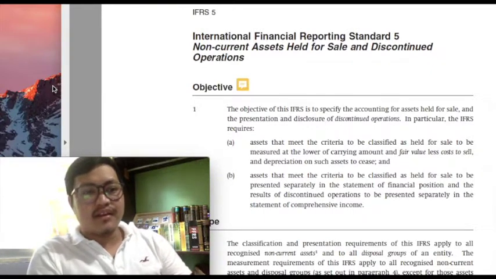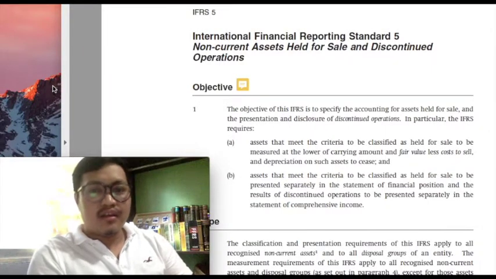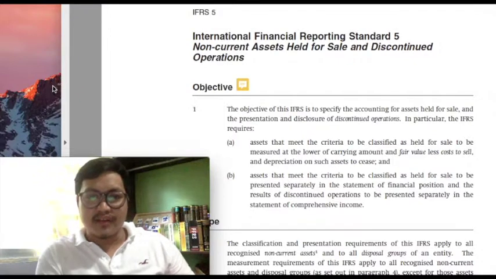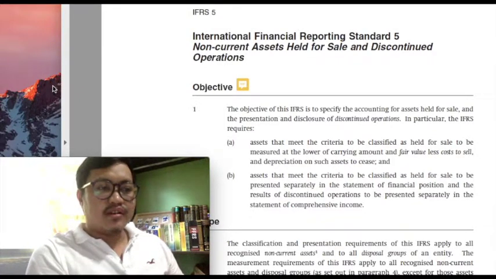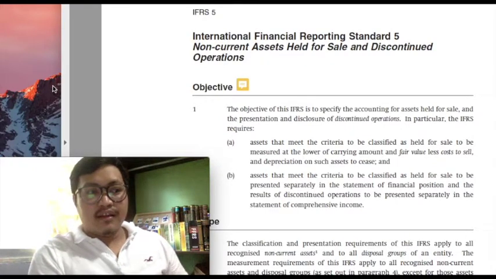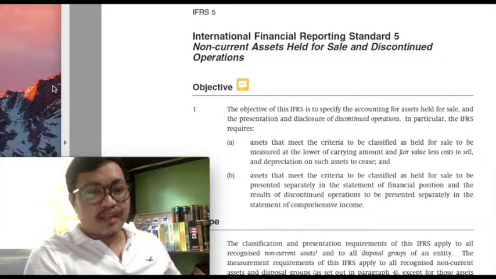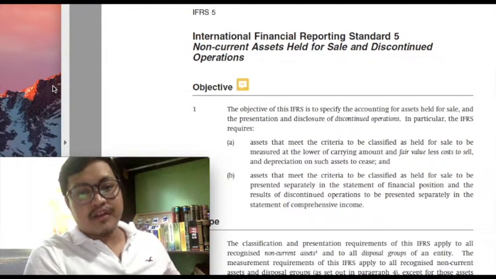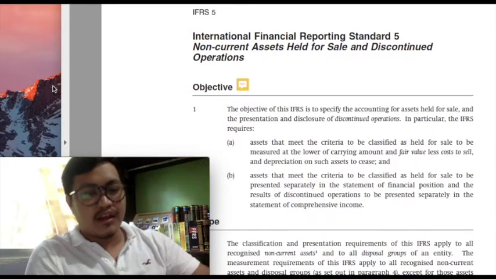They now represent a part of the entity that will eventually be disposed. There is a need to separate the results of the operations of a discontinued operation, class, so that the financial statement users will not be misled that the income or profit presented in our financial statements would also be the same income or profit earned the subsequent year.